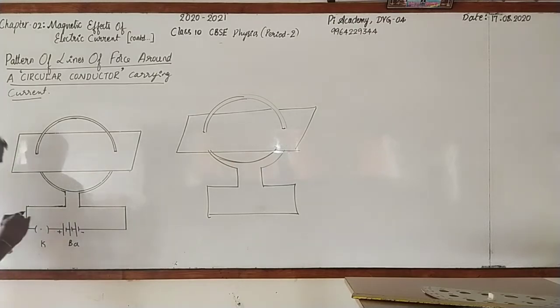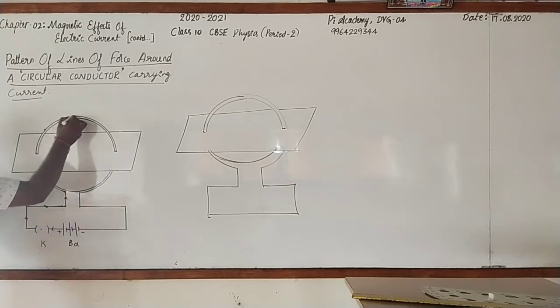Close the circuit by pressing the plug key. Then what happens? Current flows from the positive terminal to the negative terminal. Just keep observing the direction of flow of current from the positive terminal. Look here, then here.